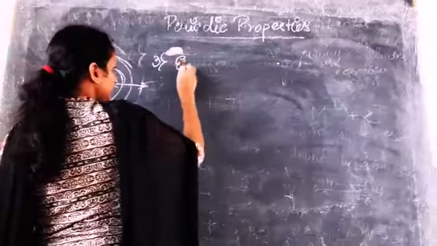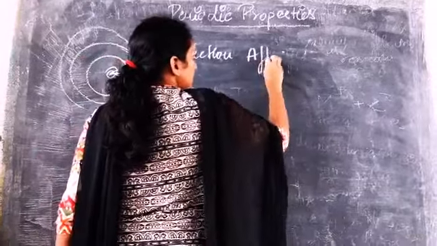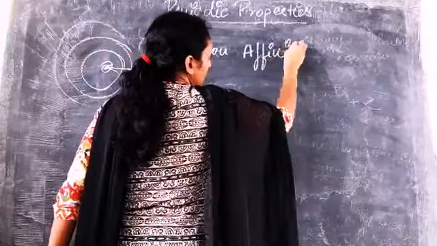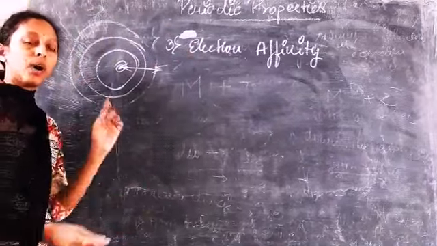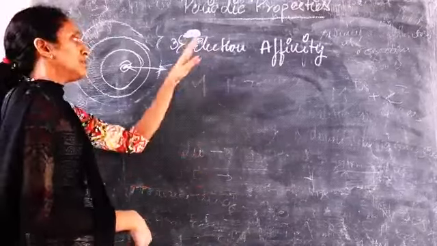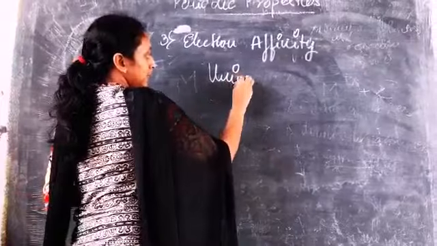The third property is electron affinity. The electron affinity is nothing but the energy released when an element takes up an electron to become a uninegative element.